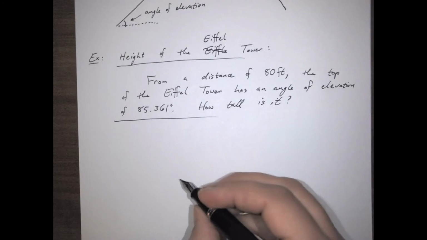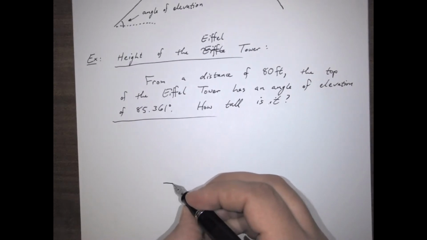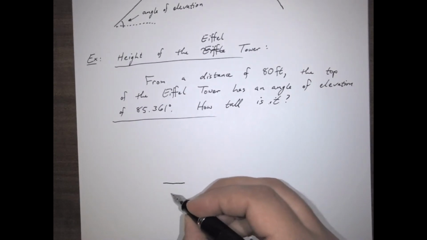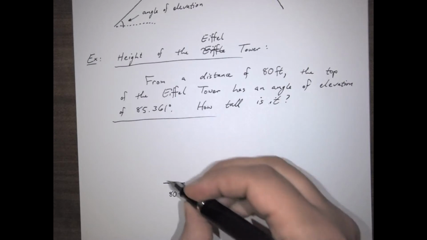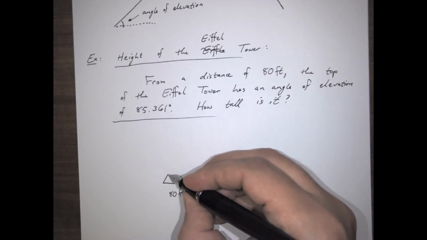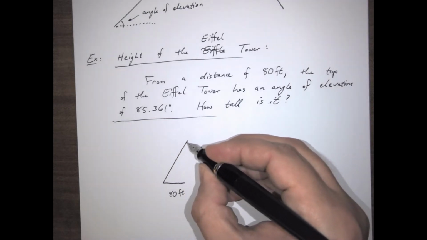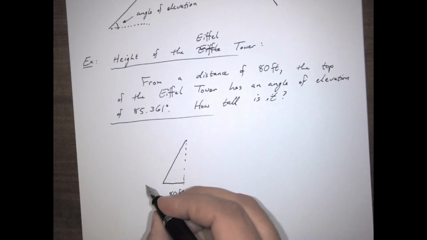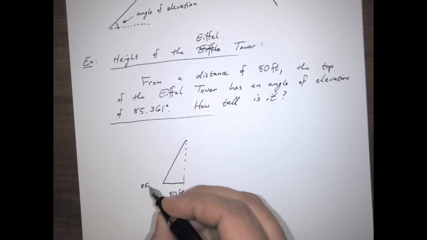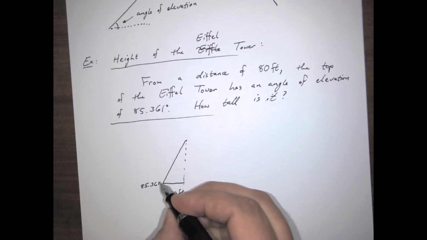All right, well, let's just sketch that out. So 80 feet is how far from the base we are. And the angle of elevation is told to us that it is 85.361 degrees.